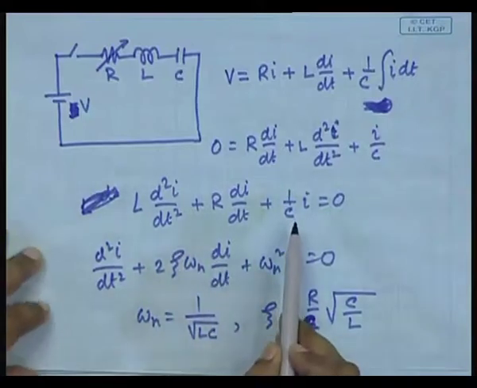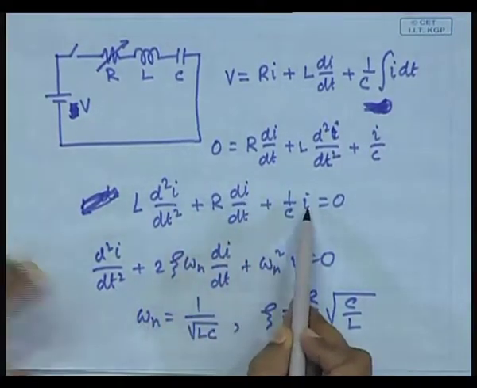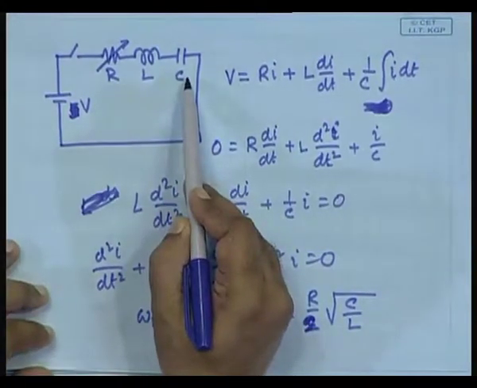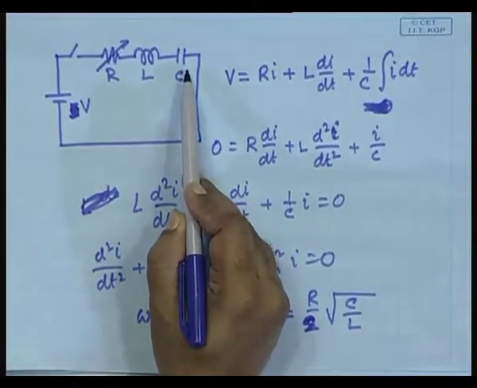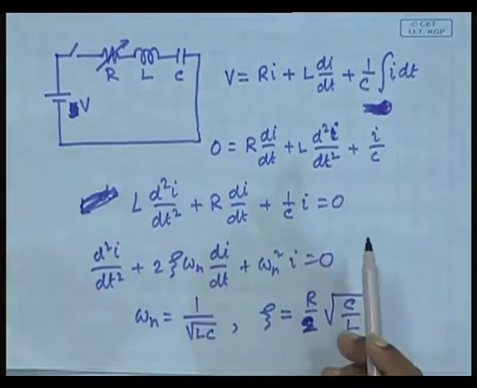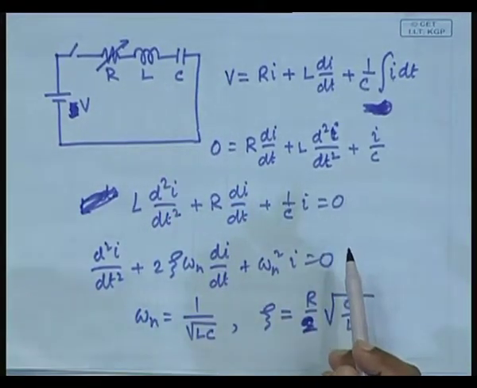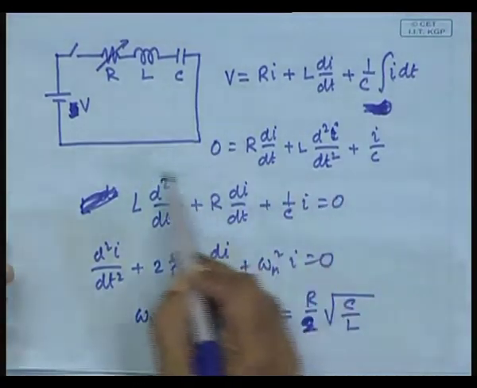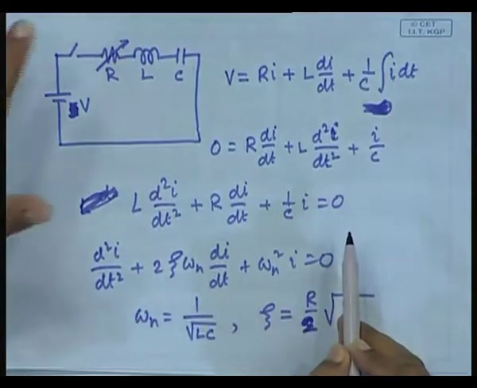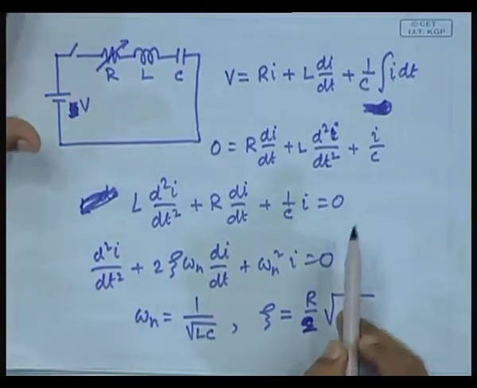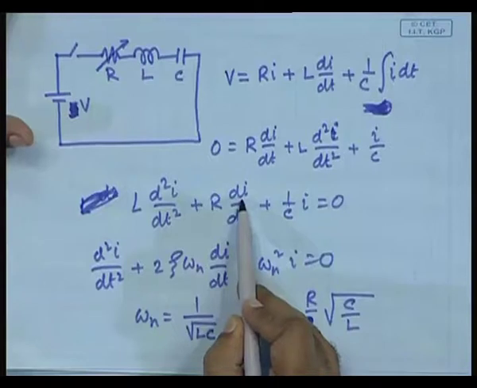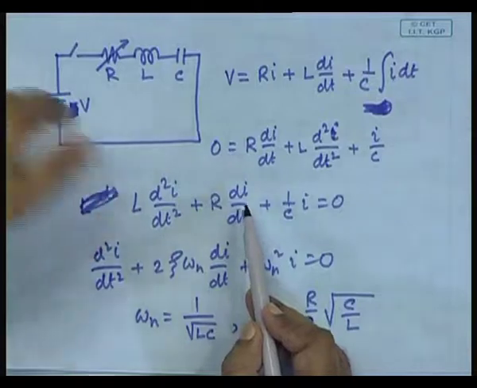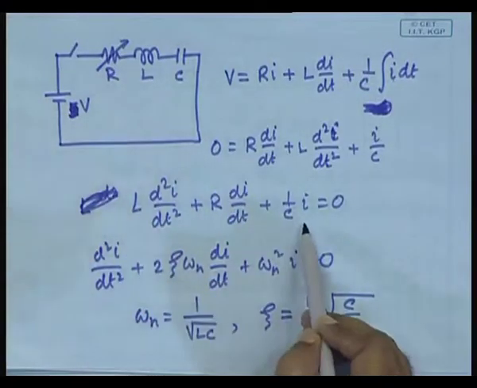The state variables are this: the current is one state variable and Vc is another state variable. So, what is the equation for Vc? The way we did it was, if you have this equation, then you can write it in an equivalent first order form, in which I will be one variable, di/dt, and the integral of I dt, Vc, will be another state variable.